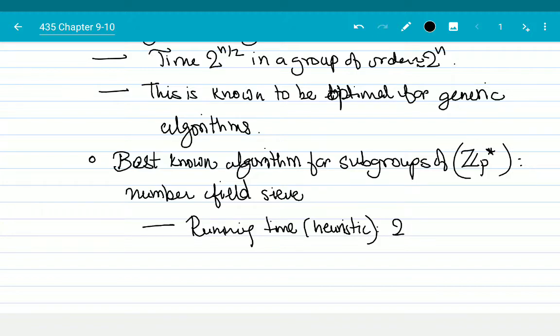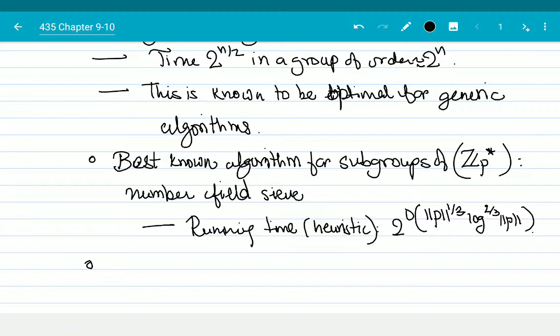Why is it heuristic? Depends on the implementation. But this is again running in time log 2/3 of p. Great. So you can do this pretty quickly, relatively.